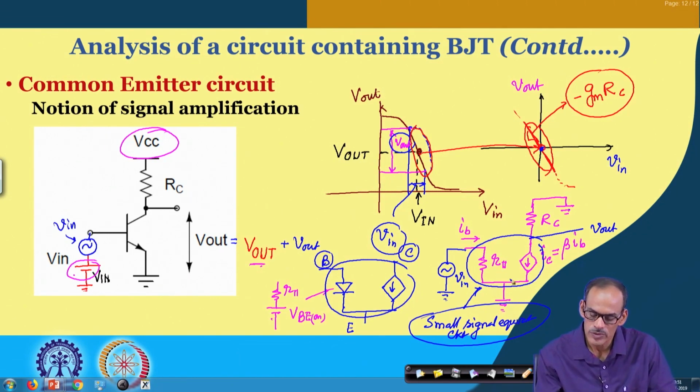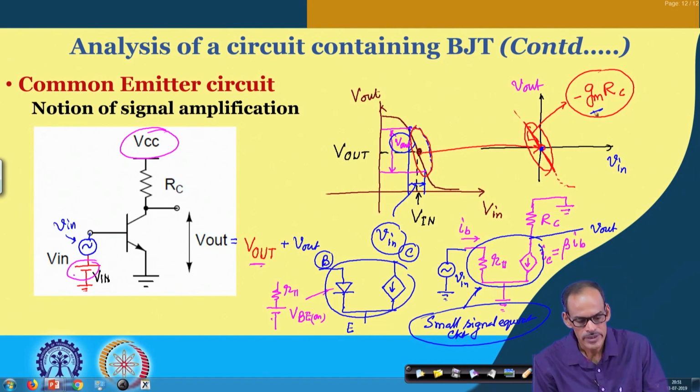We have to consider this model to get the value of the DC current and to get this GM. Of course, this GM is a strong function of the DC collector current. We will be discussing that later, in our later examples.